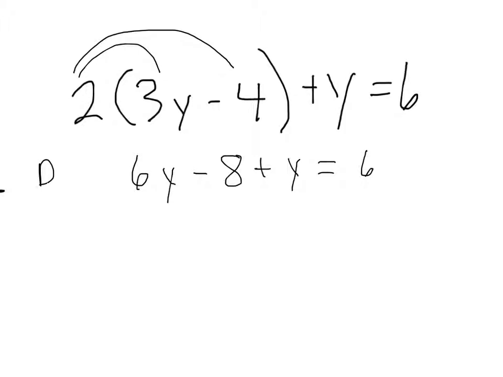Okay, so this was our distribution step. Now on our 5 steps of solving equations, we have distribution, then combine like terms. So let's put the things together that are the same. So if you have 6y and 1y, that will give you 7y's, and minus 8, and that all equals 6.